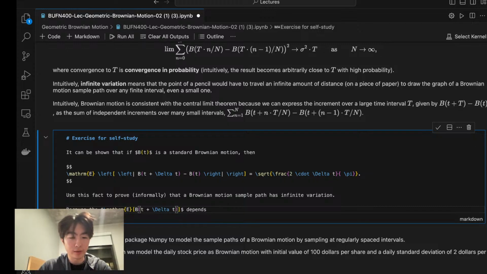So this is the value of the Brownian motion process after delta t has passed, minus the value of the Brownian motion process that's just at time t. Because the expectation depends on the amount of time that has passed. So I guess you could call this delta t.